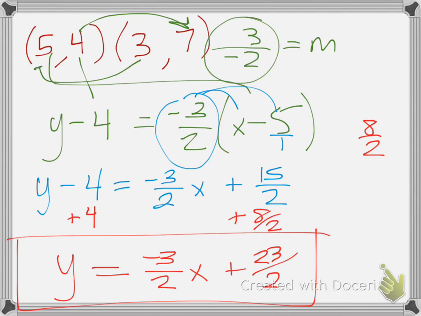Now, we could also get the equation from a graph. So let me do a little bit better than that. Let's say we had a point here and a point there. So we'll call this 1, 2, 3, 4, 5, 1, 2, 3.